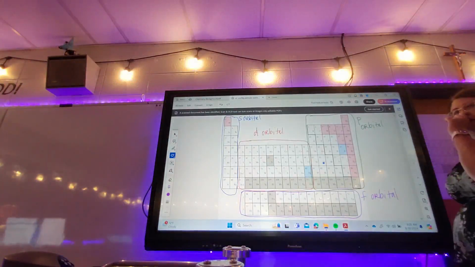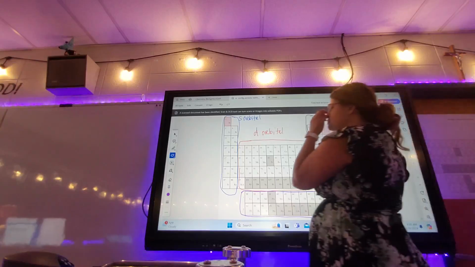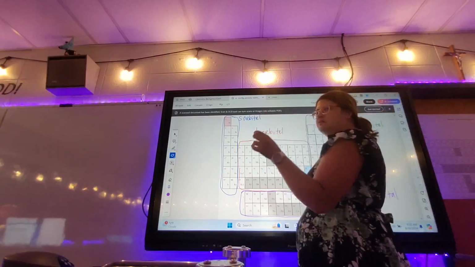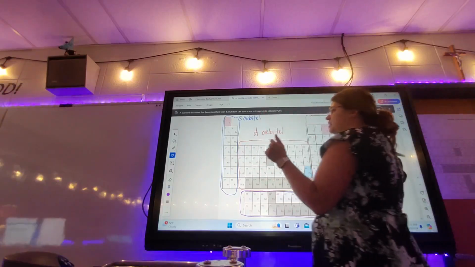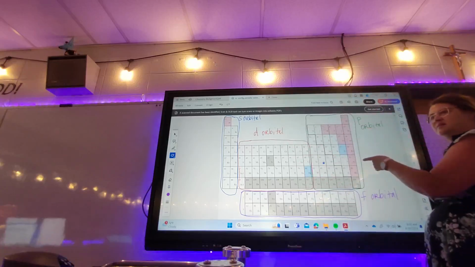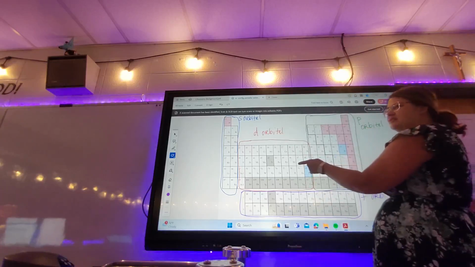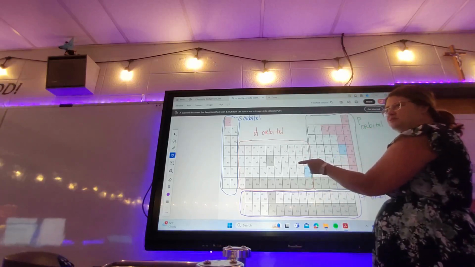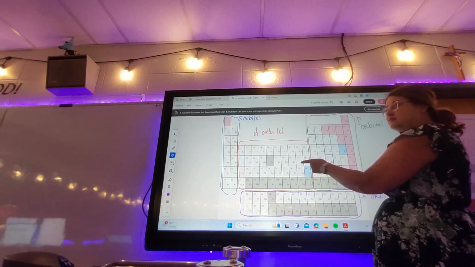Now let me just show you how brilliant this is. The s orbital can only hold 2 electrons. How many columns are in the s block? The p orbital can hold 6 electrons. How many columns? 6. How many electrons can the d orbital hold? 10.